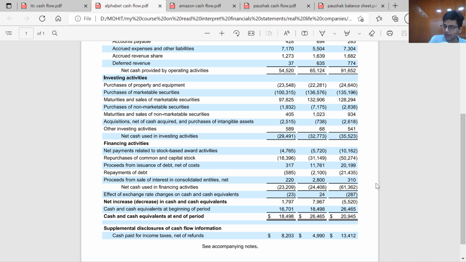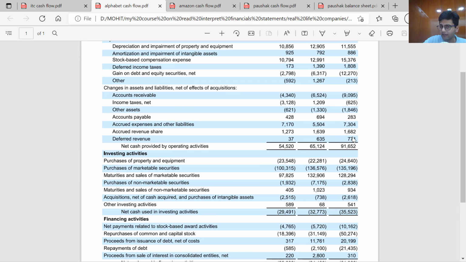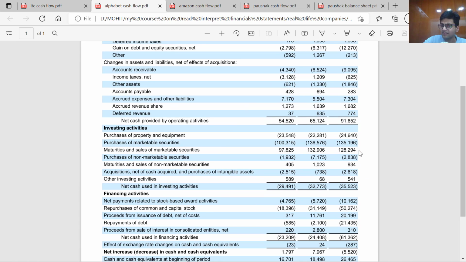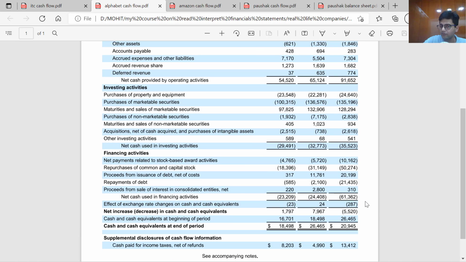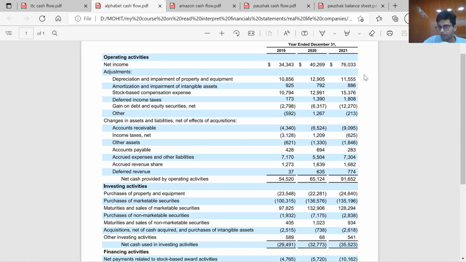But right now just understand that what usually you will see in big FANG companies, there will be huge operating activities cash flow. Some amount will be used in investing, but the majority of cash flows will go to share buyback, that is repurchases, or the majority will be used for dividends. And effectively, this is how you can see the entire cash flow of Google.